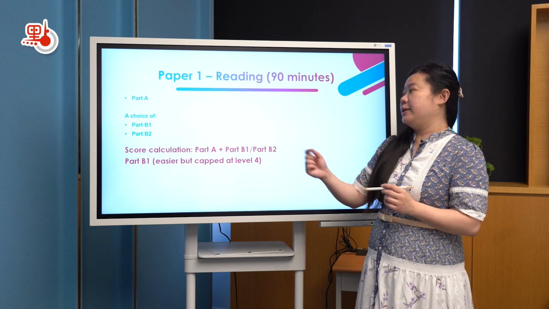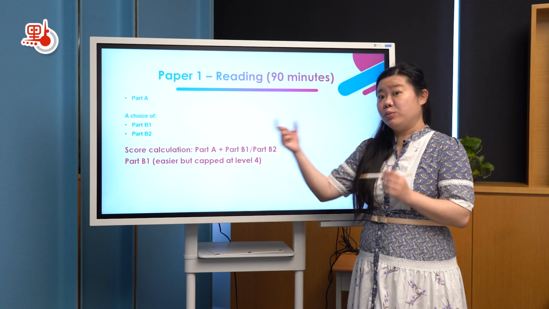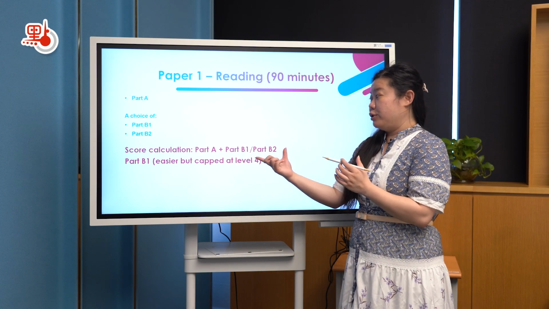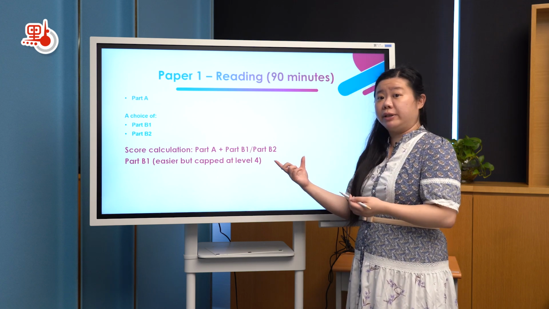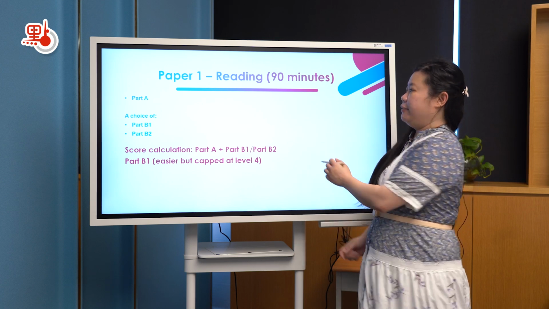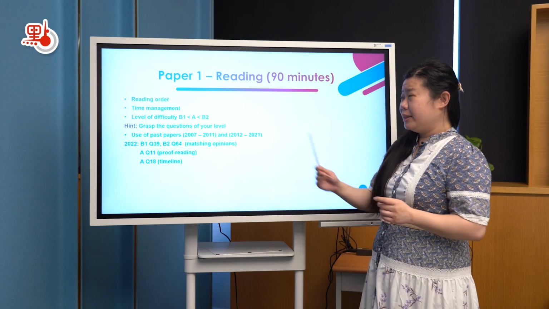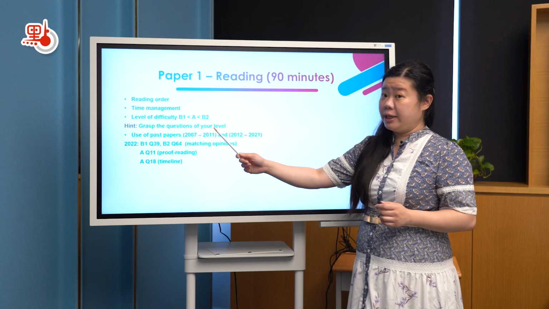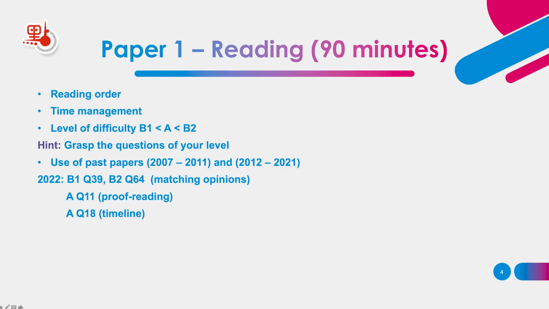Because if you think about it, part A is 1 mark, and if you chose part B2, which is a more difficult section, then it will be another mark as well. But I want you to look at the level of difficulty. Part B1 is the easiest, and then part A, and then part B2.